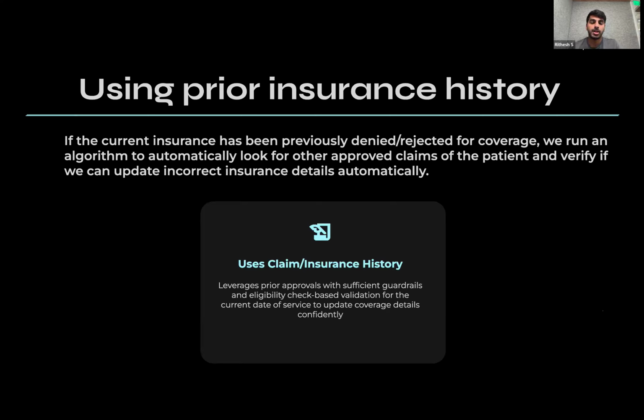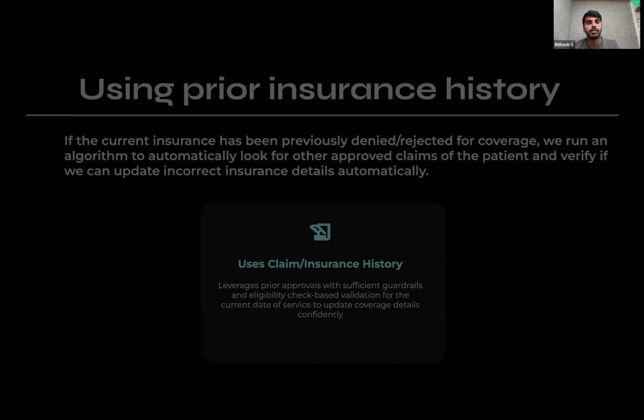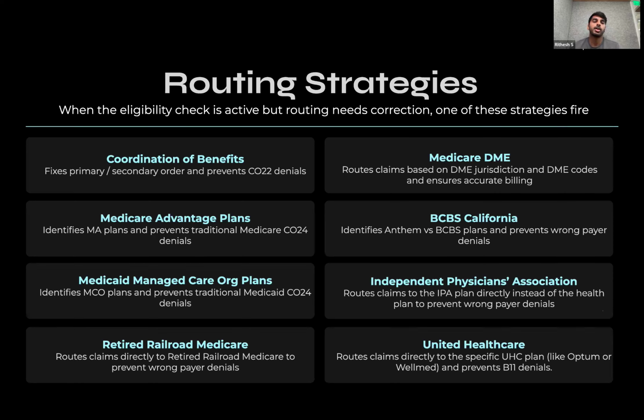After that, the other strategy that we have is, let's say we don't find another approved claim of the patient. In that case, that is a data source that we don't have. So we will look at the eligibility check. Like I said, we run eligibility checks as part of enrichment.